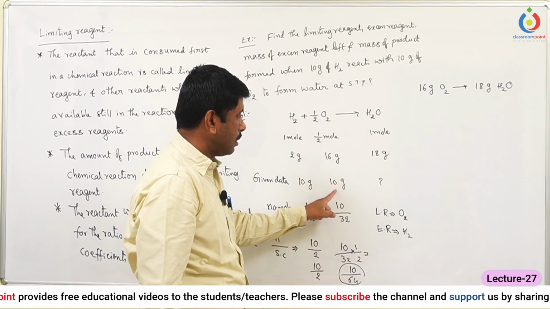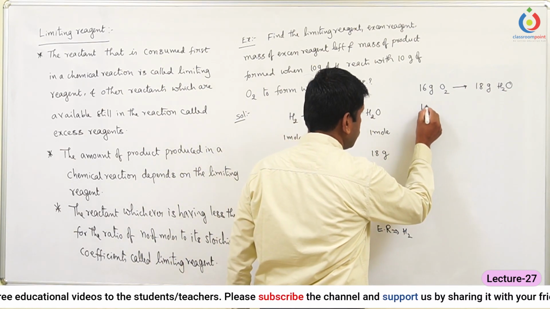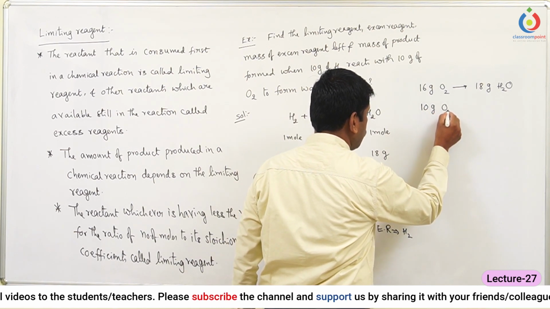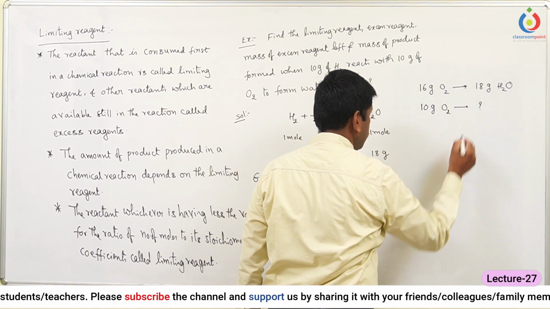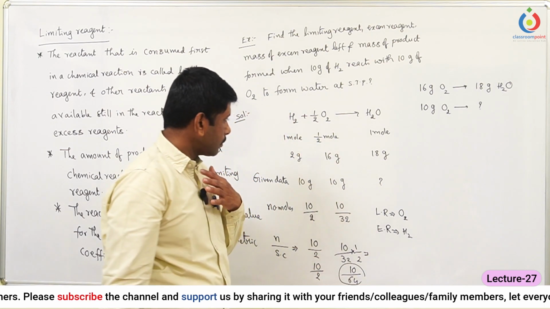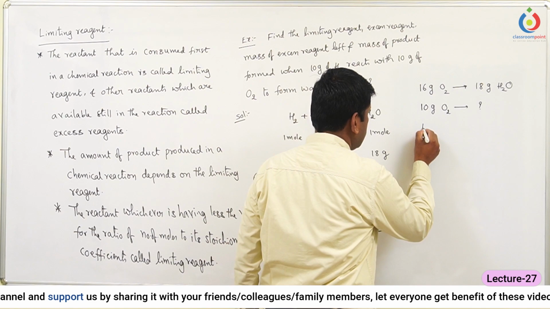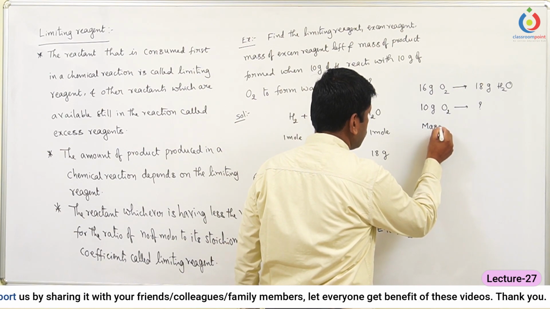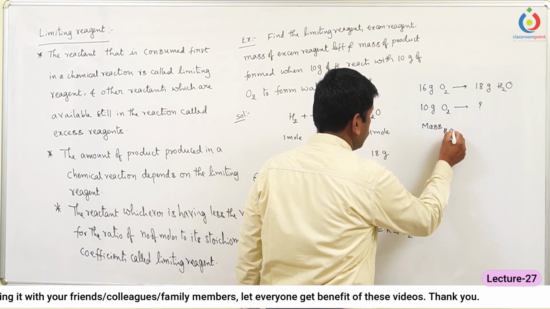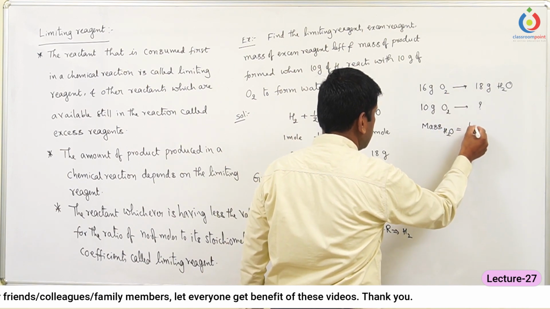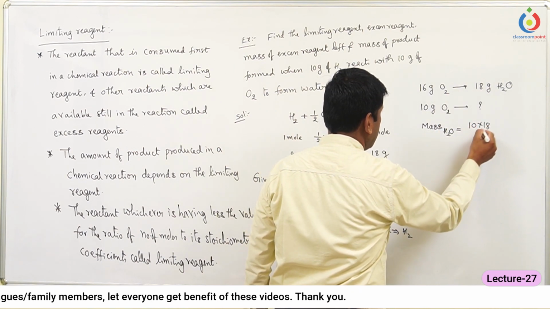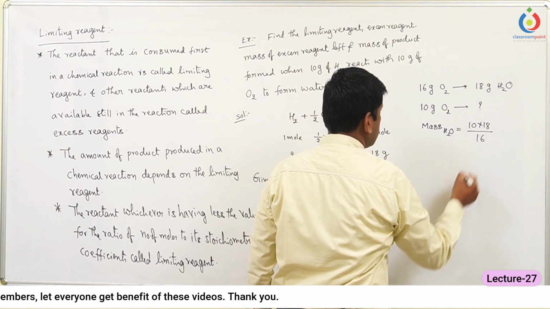Then how much can 10 grams produce? 10 grams of O2, after reaction with the hydrogen, how much can it produce? So let us find out the mass of H2O produced. Do the cross multiplication: 10 into 18 divided by 16.